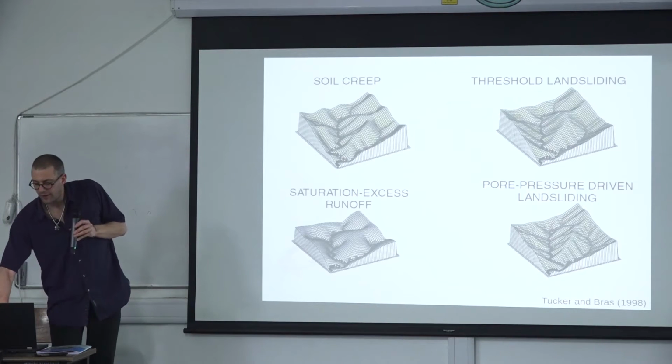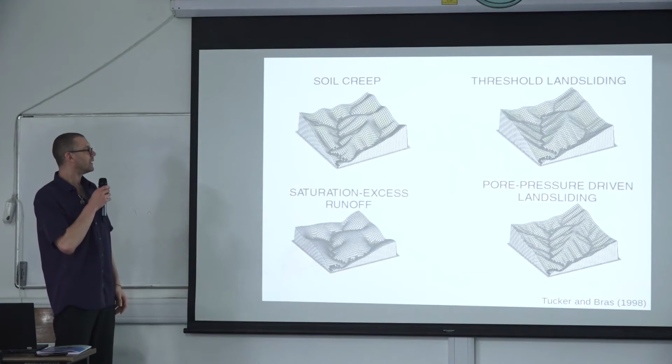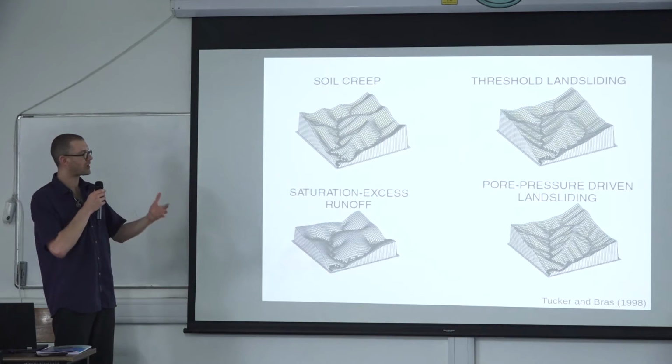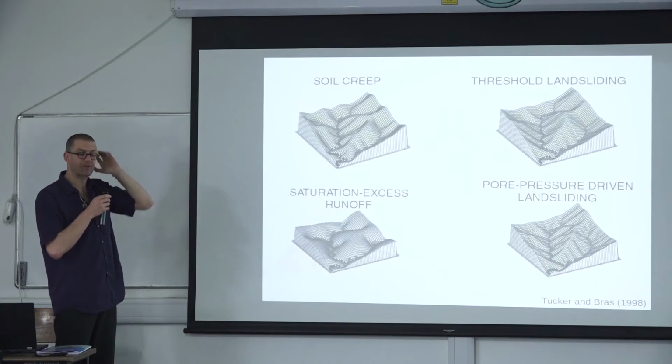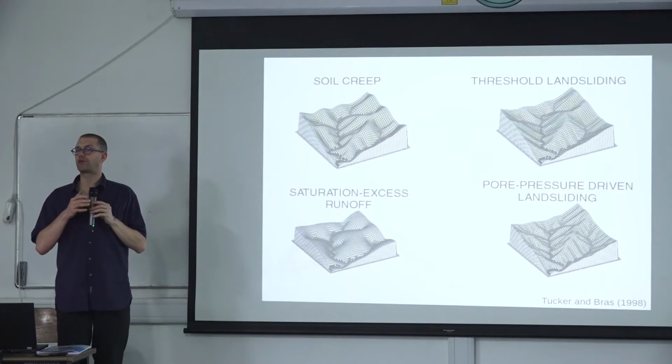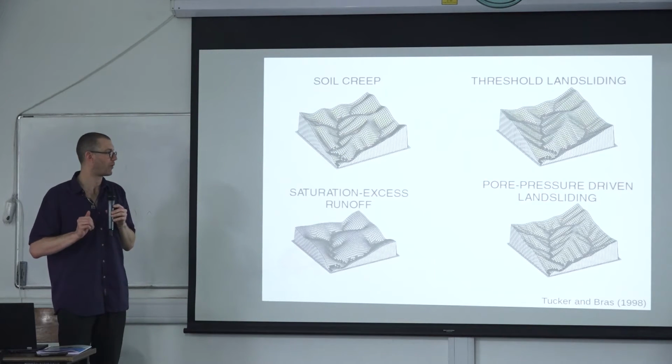People always say you don't know when a landslide will happen, for example. So the question is, how do we model processes that occur somewhat stochastically? How can we introduce a certain set of randomness to our model?